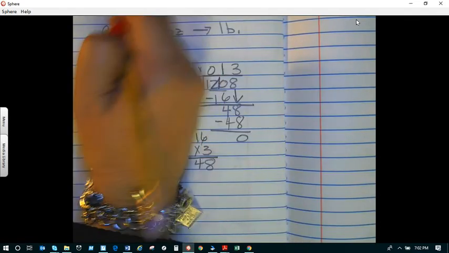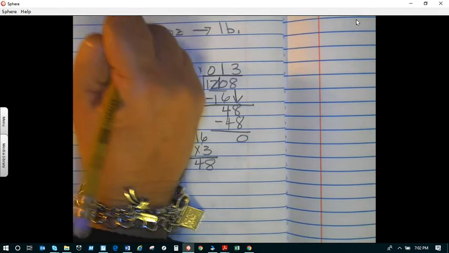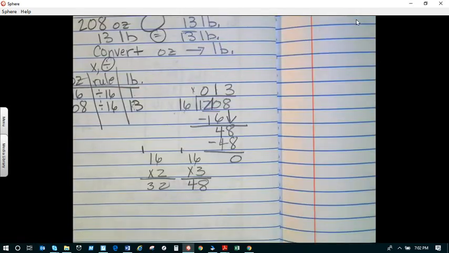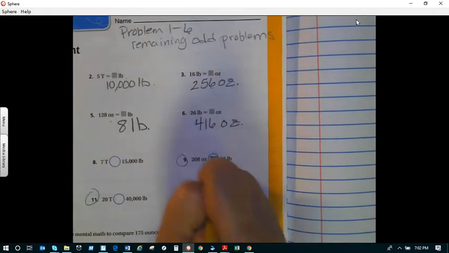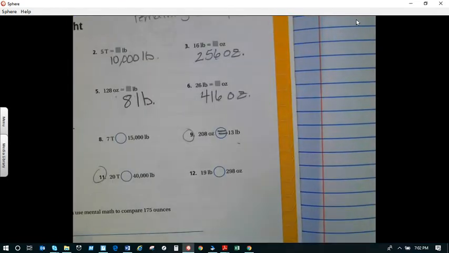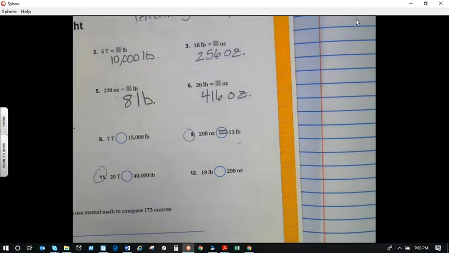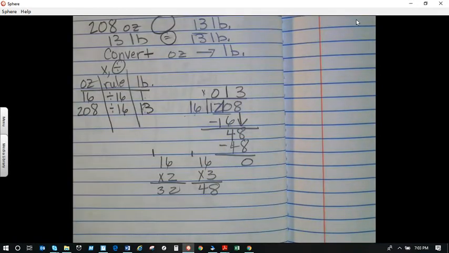So 13 pounds is equal to 13 pounds. So this is an equal. I'm going to move this over here, and I'll put the equal signs here. Again, pause me, rewind me, and play it again if you're not sure.